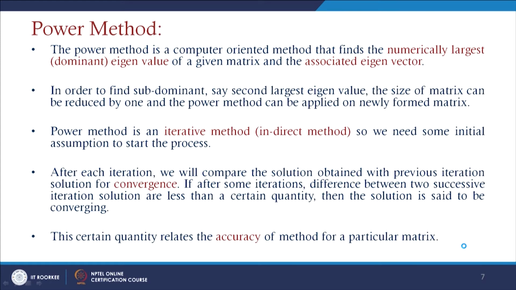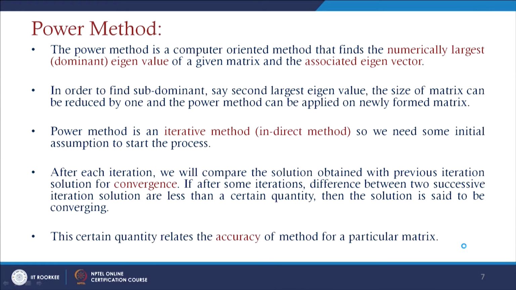In the power method especially, the method is computer oriented and finds the largest numerically dominant eigenvalue. Sometimes in this method we also shift the points towards the origin or towards the desired point. That is called shift of origin, and we shift these points to find the largest eigenvalue close to that point.